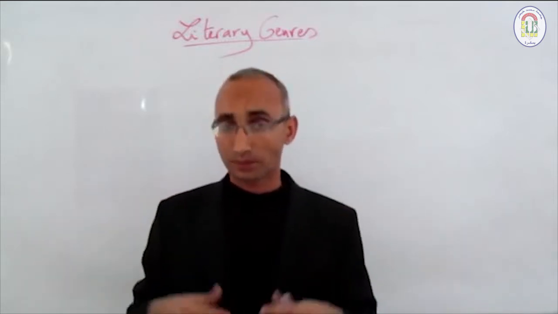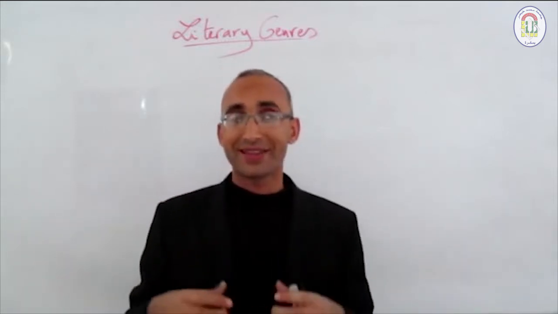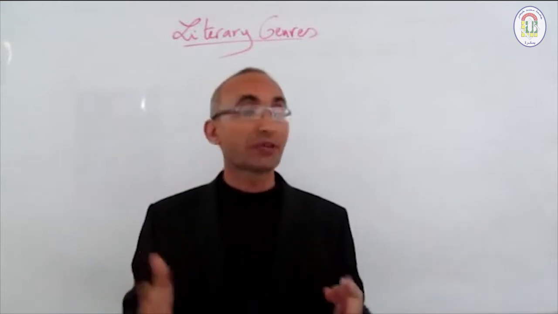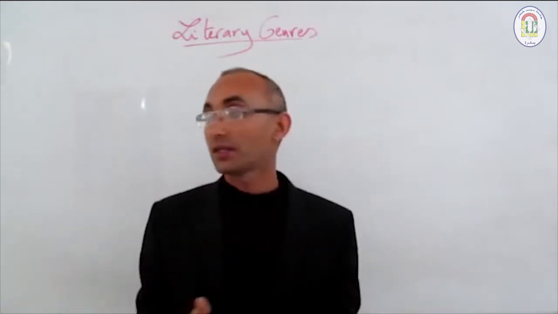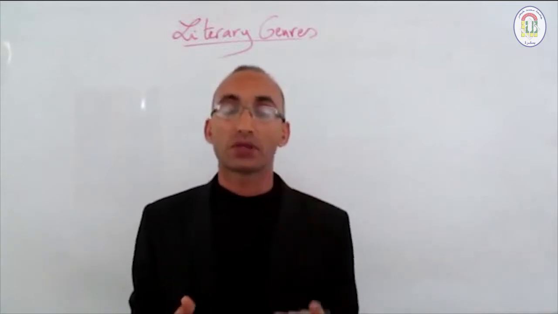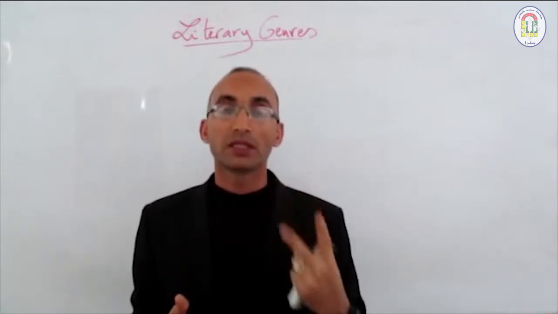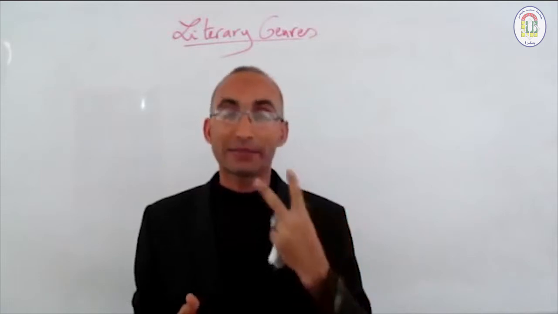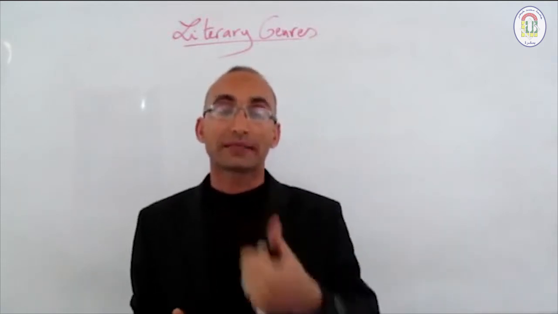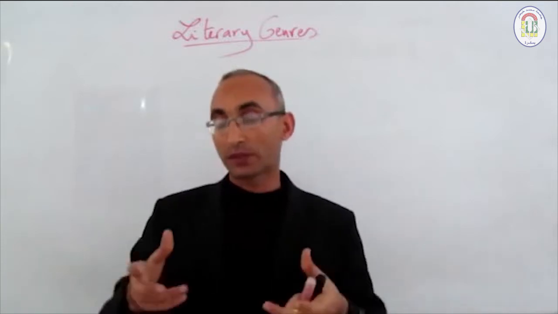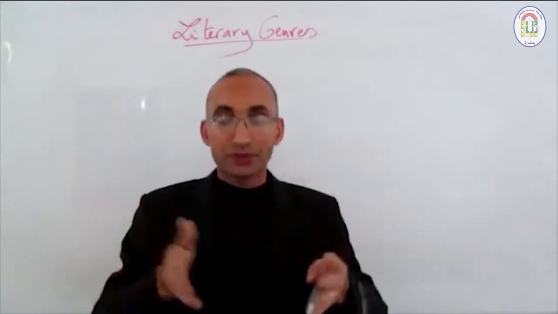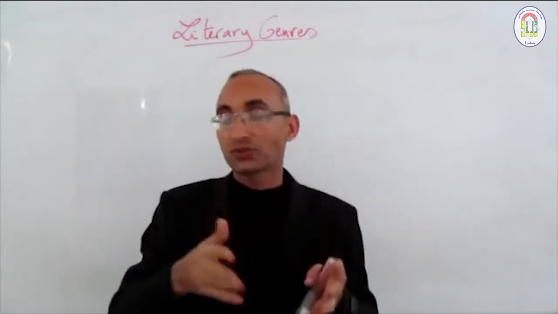Now, in fact, this classification of the different literary texts is based on two main factors, or two main principal elements. First, we have the form or the structure. If you compare literary works, we have different forms and different structures.